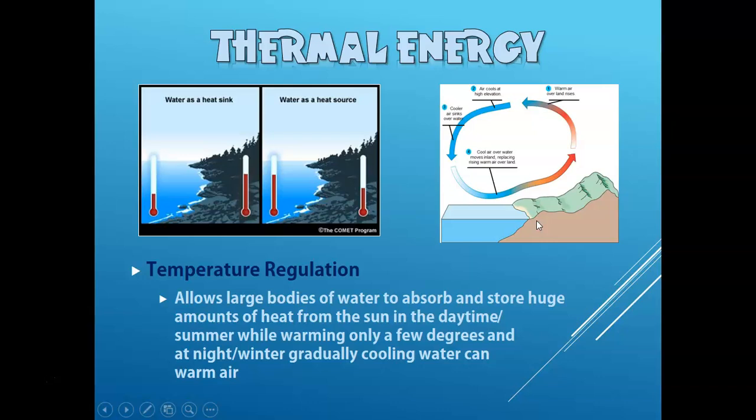Which is why places like Southern California, pretty far south, have a pretty stable climate most of the year, because they're getting ocean currents coming from places like Alaska, where they're bringing in this much cooler water, and that cooler water then is able to help regulate the land temperatures at that point.